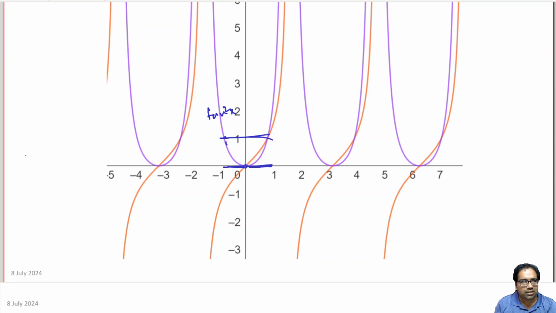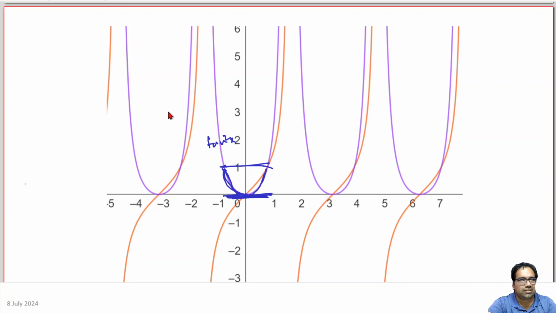Because till this part between 0 and 1, it should be 0, and this is also between 0 and 1, this is 0. Because both are positive. So this function is absolutely continuous as long as tan square x is lying between 0 and 1. Tan square x will lie between 0 and 1, and this is absolutely continuous also.